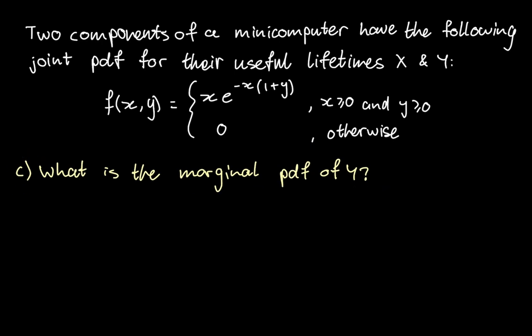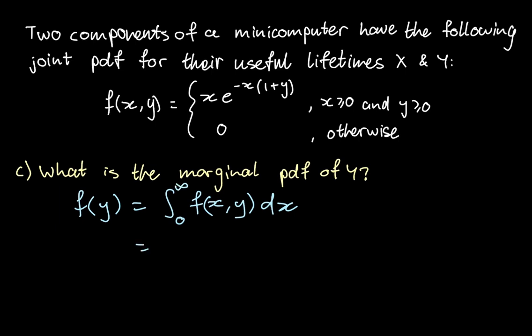Okay, so once again, what we're going to do is integrate the joint PDF, f of x and y, in terms of x now, so that we can integrate x out, so x becomes a constant. Okay, and x is defined from 0 to infinity.